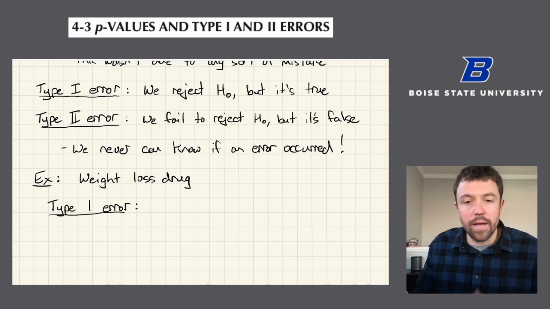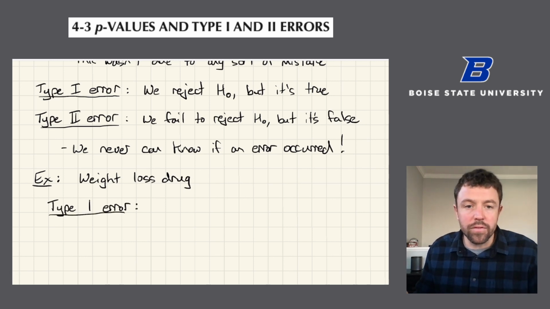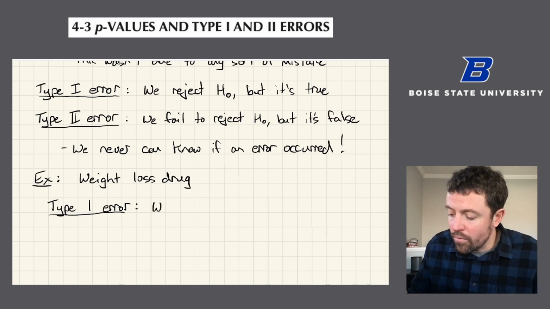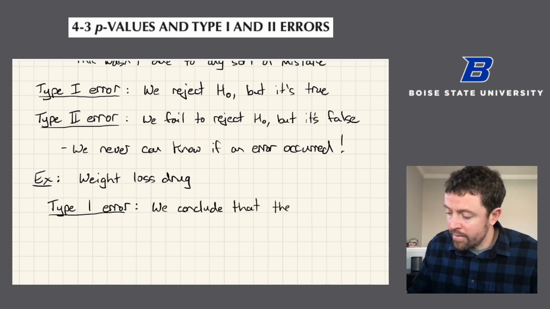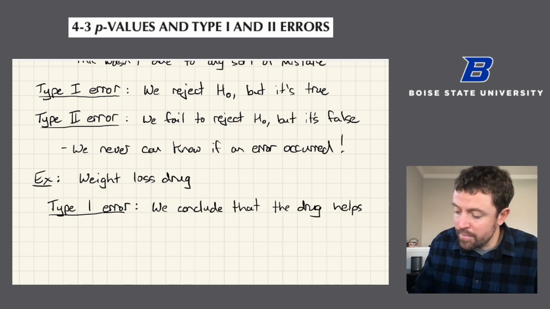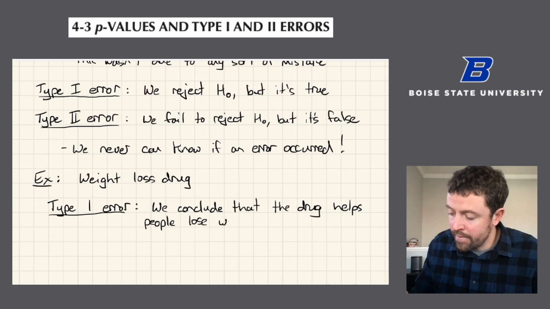In this case, the null hypothesis was that the drug did not help people lose weight. And so we conclude that the drug helps people lose weight, but it does not.